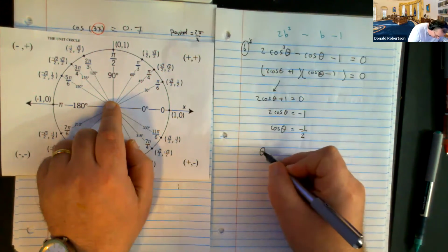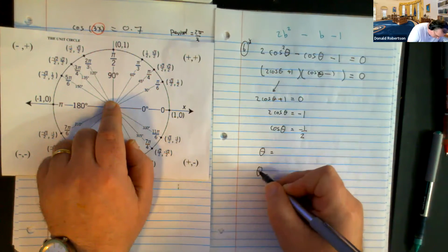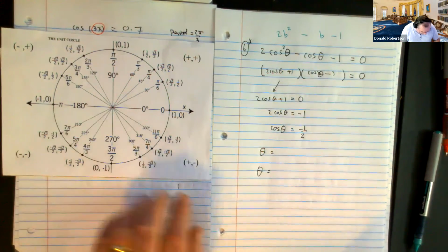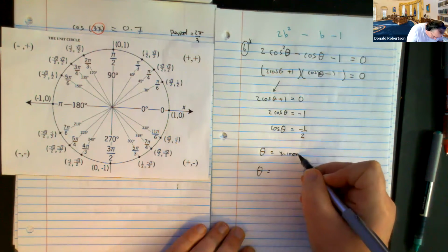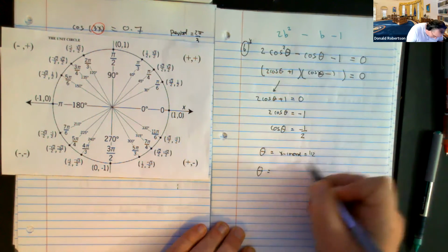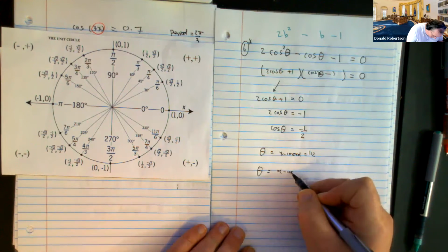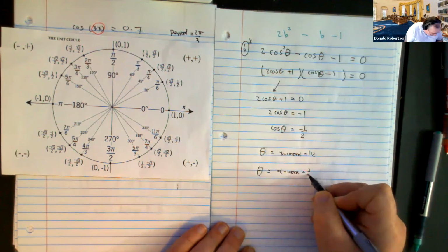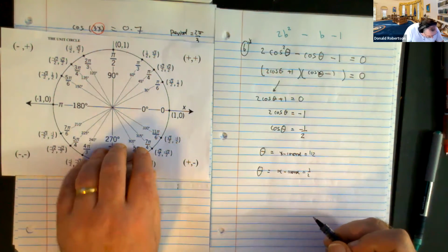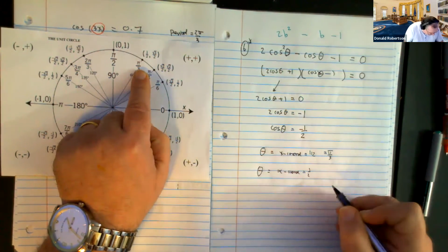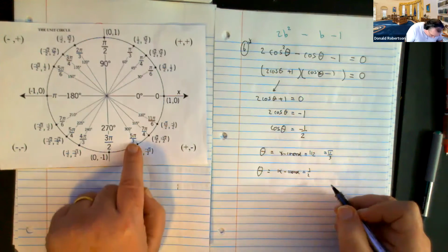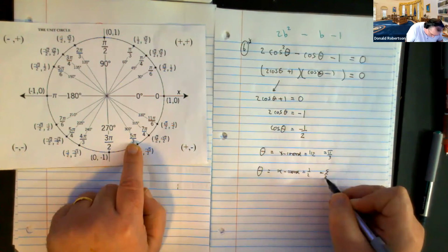And so I'm going to get theta equals, and there are going to be 2 of them. And I'm looking for when is the x coordinate equal to a half. And when I look for when is the x coordinate equal to a half, I get pi upon 3. And the other place when the x coordinate is a half is 5/3 pi.